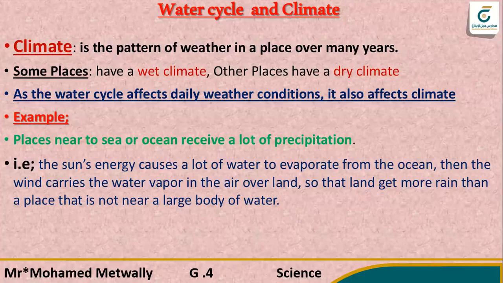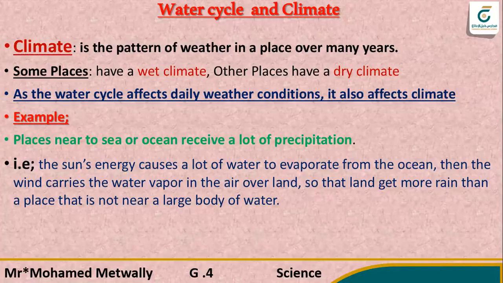Another example, Saudi Arabia and Kuwait have dry and hot weather. We hear about this before we go to these places. That's why we describe it by climate. So the climate is defined as the pattern of weather in a place over many years.